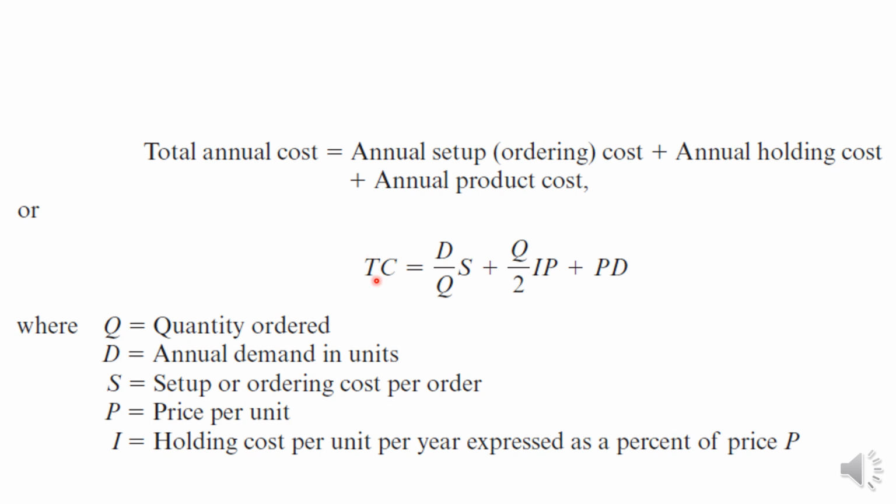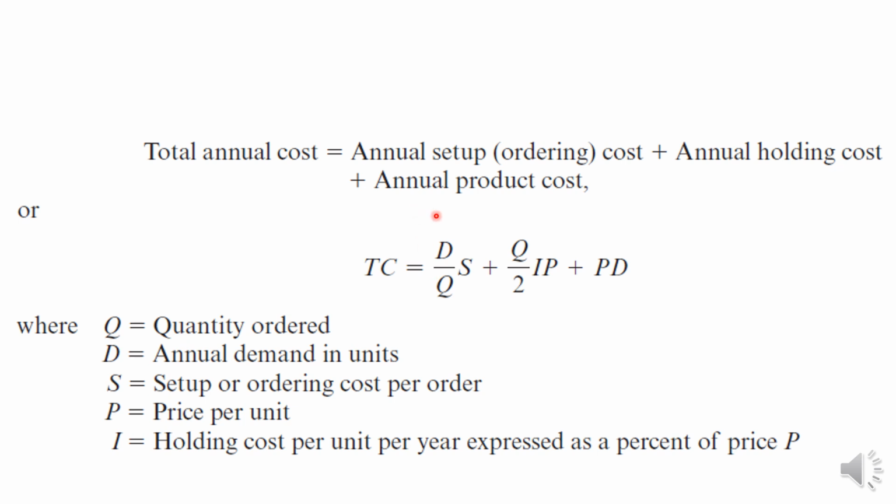Total annual cost, that is TC, equals the annual setup or ordering cost, that is D by Q into S. D is the total demand, divided by Q, and Q is the quantity ordered. So D by Q is the number of orders we place.